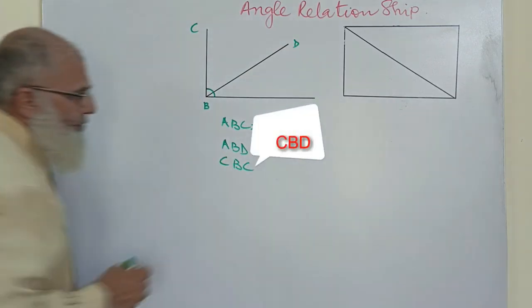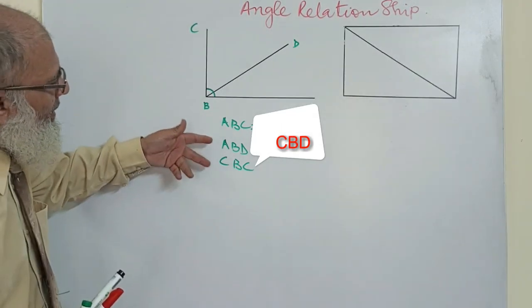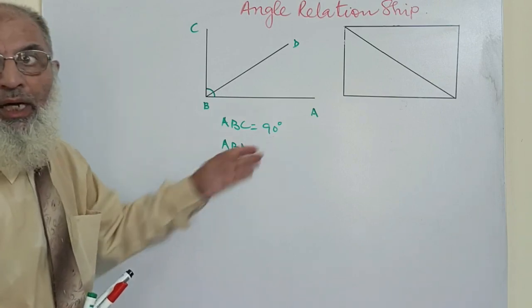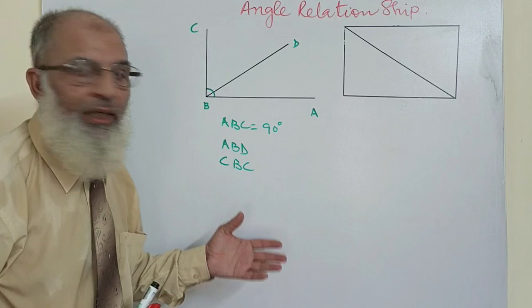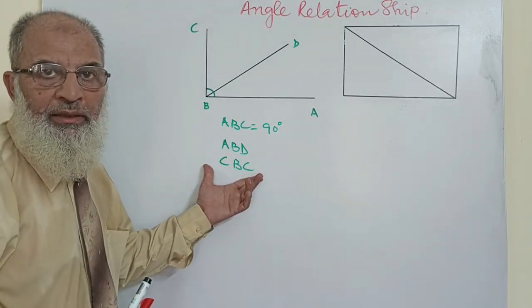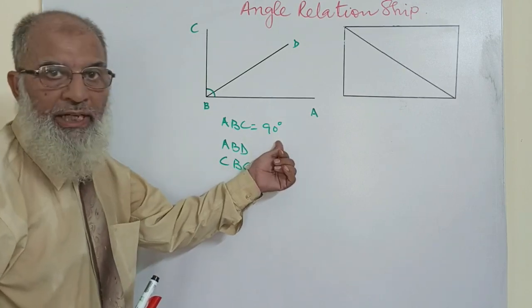Now you can see that these two angles are within 90 degree, or you can simply say that the summation of these two angles is equal to 90 degree.